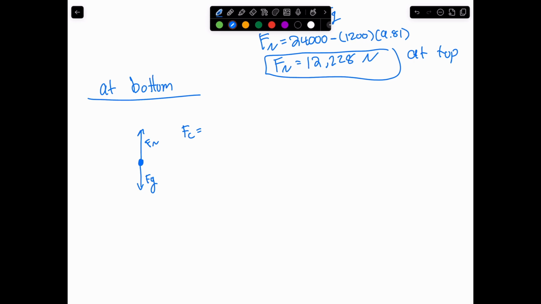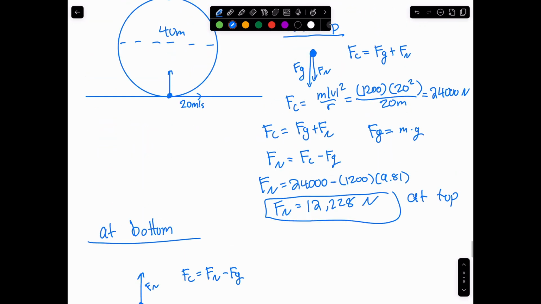But that still means it's part of the Fc equation, because anything that is center seeking or the opposite of center seeking needs to be taken into consideration. So instead of Fg plus Fn, our equation here has to be Fc equals Fn minus Fg, because Fg is pointing the opposite direction of the center.